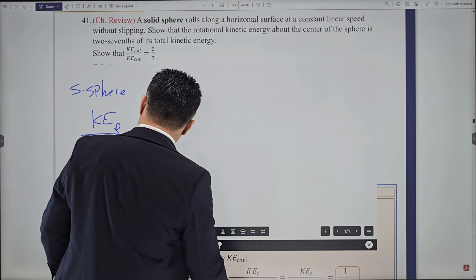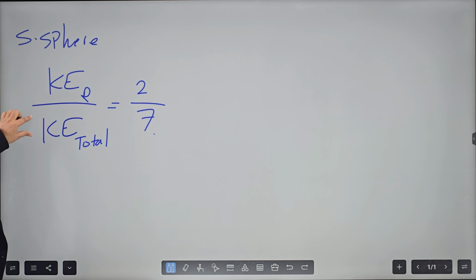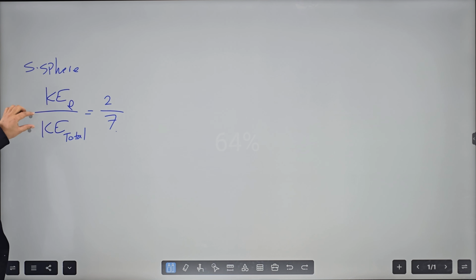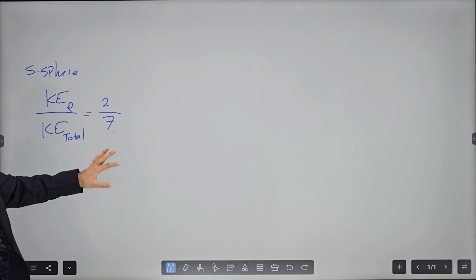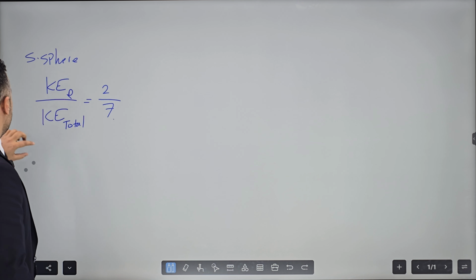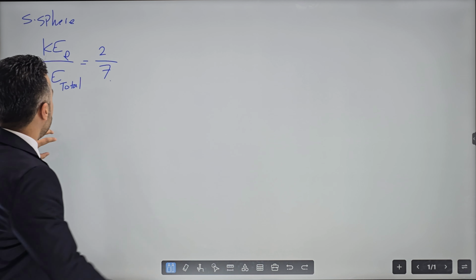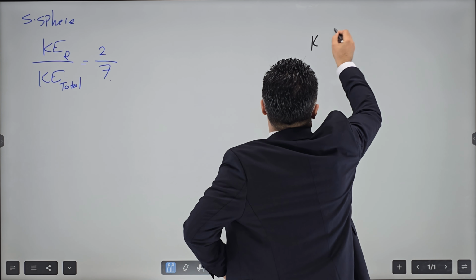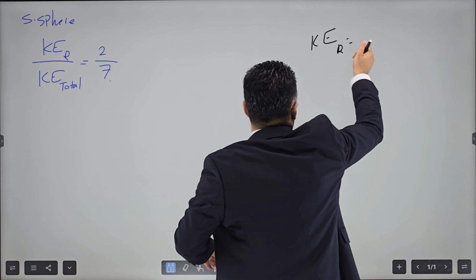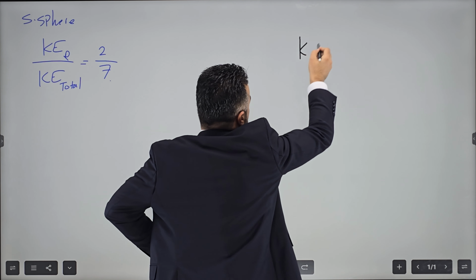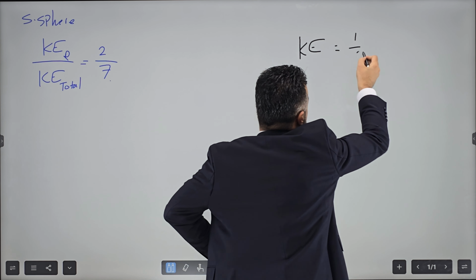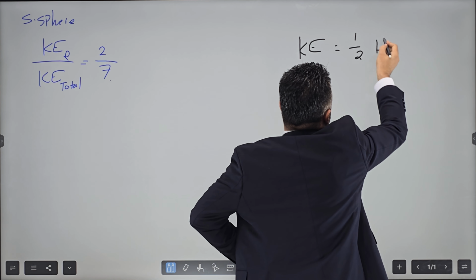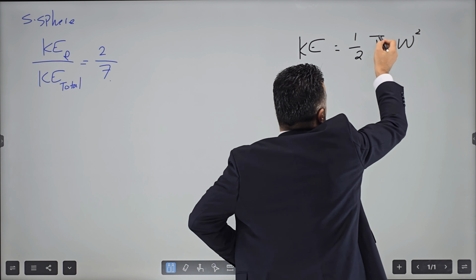But before we solve this question, let me tell you some methods that can help you a lot with these kinds of questions. But I want you to remember this for now. If I have kinetic energy of rotation, this is something very important, and I need you to pay attention to this. Kinetic energy of rotation is equal to 1/2 moment of inertia times angular speed squared, yes or no?